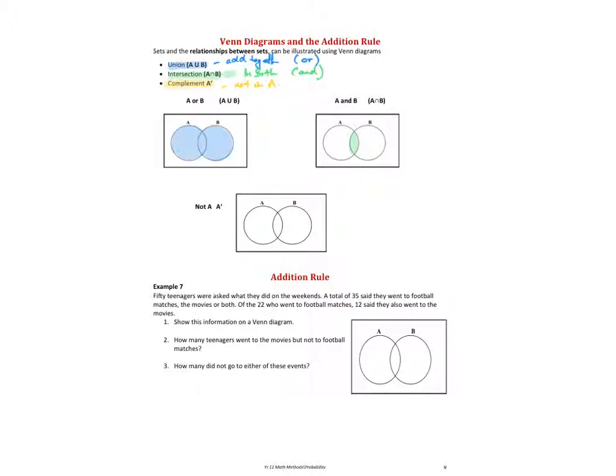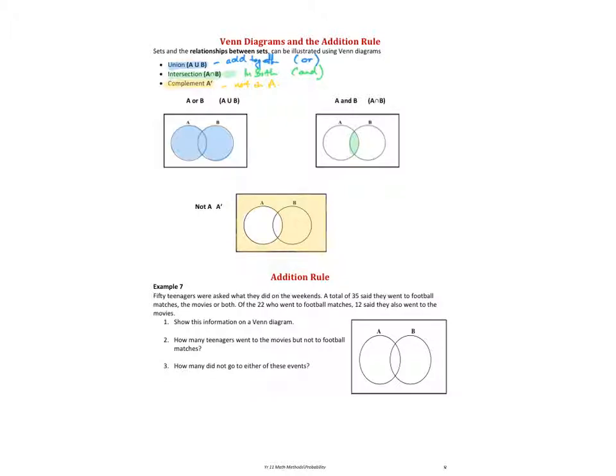And then finally, the complement is everything that's not in A. Everything that's not in A is everything around this circle, so everything around the circle, and I'll try and keep the lines inside the lines. So that's my complement, A dashed.